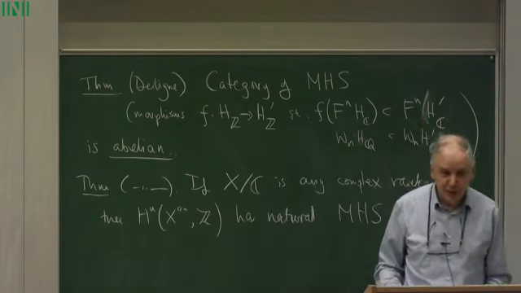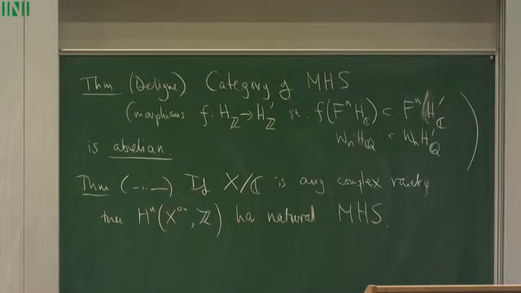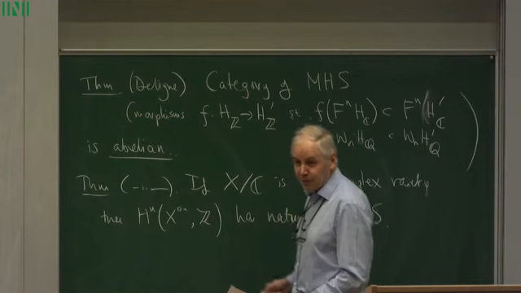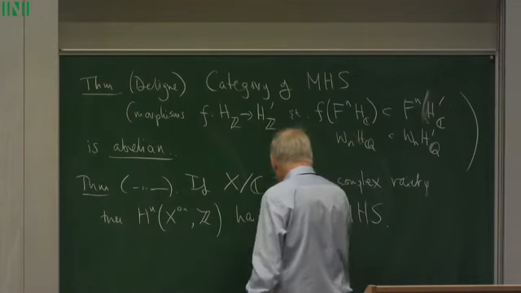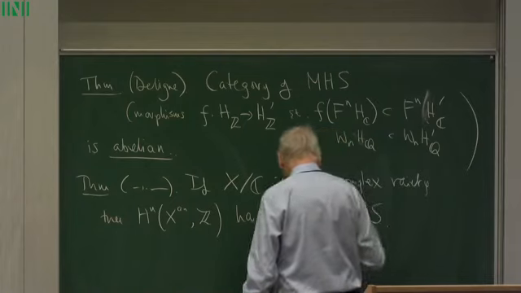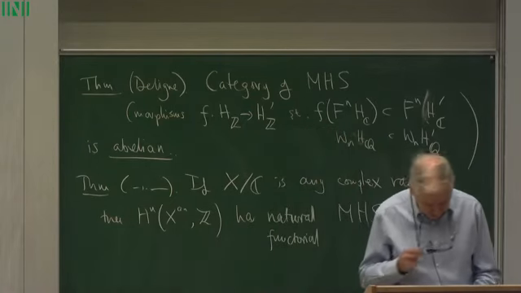And in the case when X is projective and smooth, this agrees with the pure Hodge structure coming from classical Hodge theory. And this natural structure is actually functorial and enjoys many nice properties.